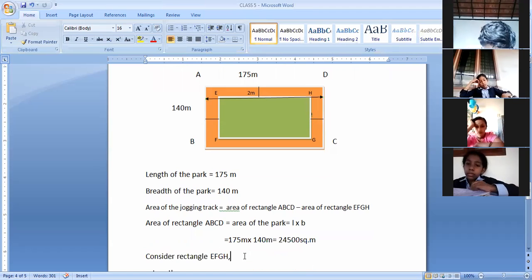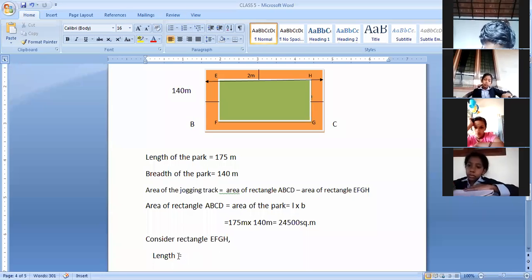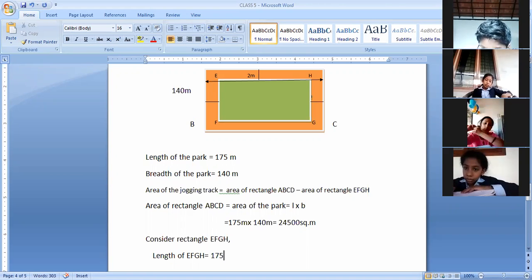The length of the rectangle EFGH will be equal to 175 meter minus 2 meter, this 2 meter, minus again one more 2 meter. What will you get?